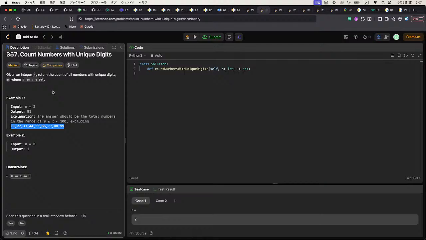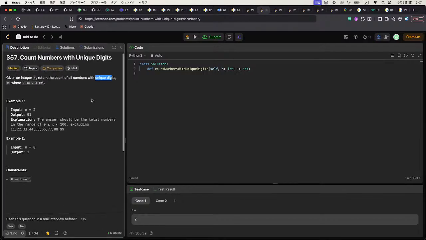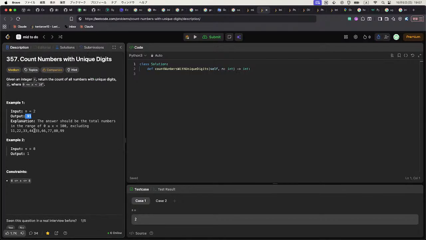They don't meet the condition unique digits, so the answer is 91.